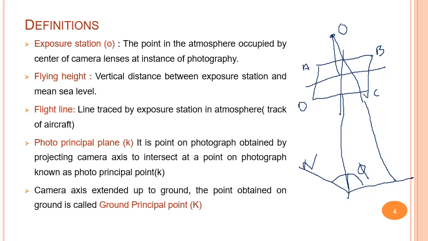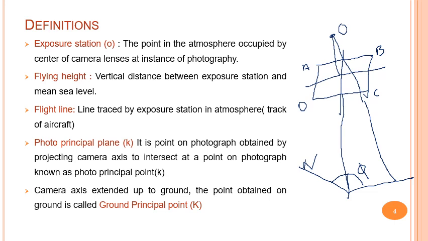Or in other words, the height of the aircraft above the chosen datum. Then flight line: line traced by exposure stations in the atmosphere, the track of the aircraft. This is called the flight line.